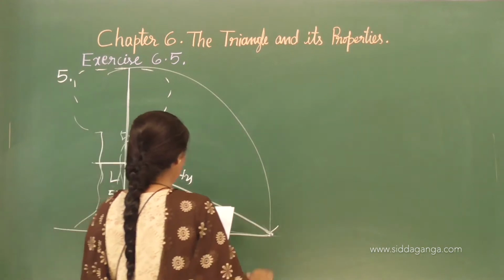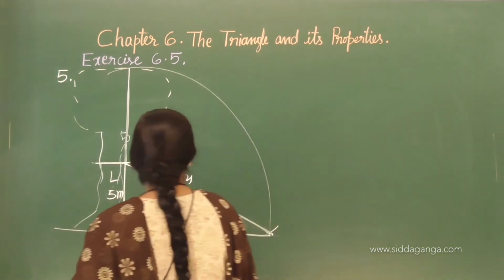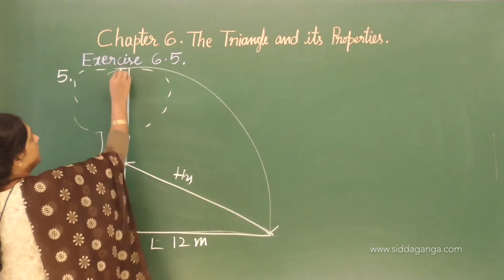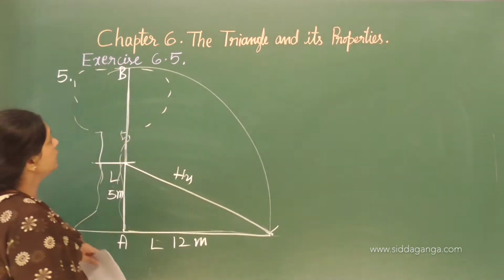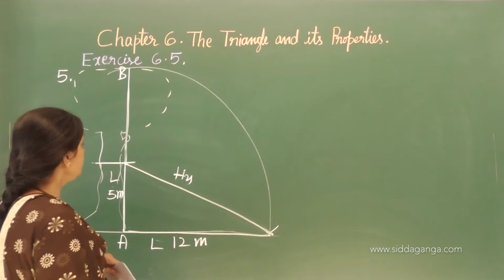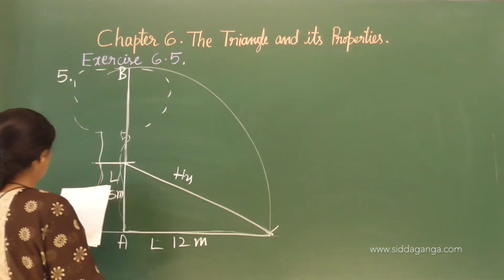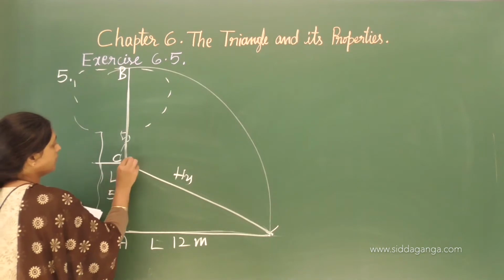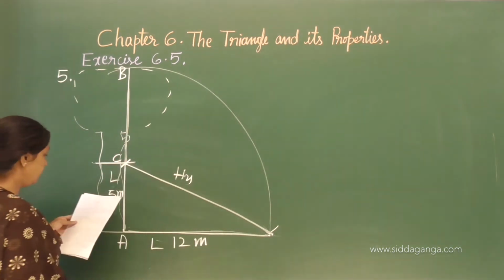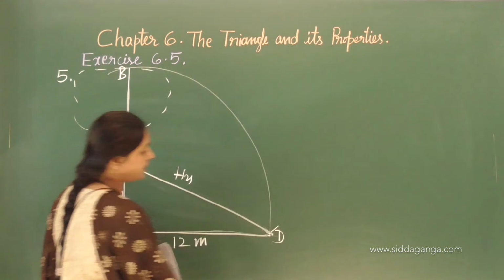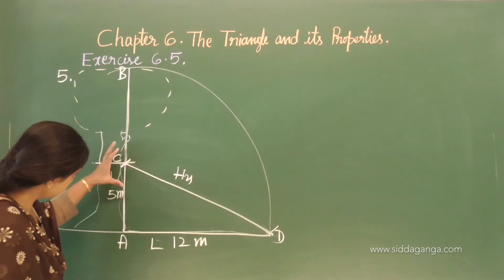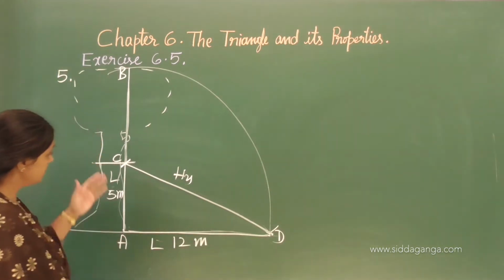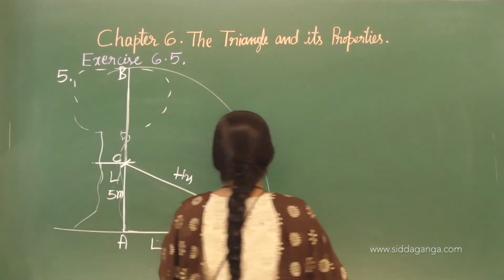Let AB be the original height of the tree. So consider this as A and the top of the tree as B, and the cut point as C. Let the point where the top touches the ground be D. So we have the triangle ACD here.